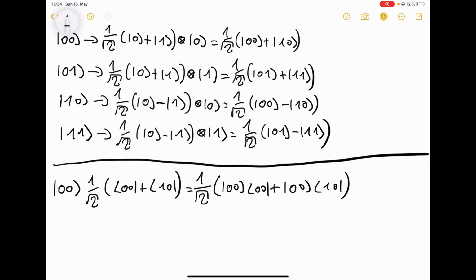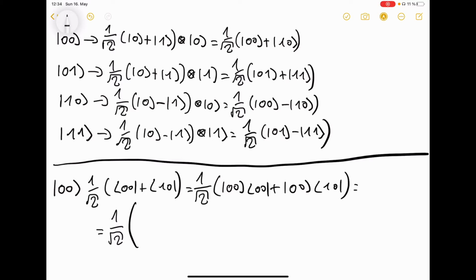So if we multiply that out to create the outer products in matrix form, let's also look at that. For this case, we end up with 1 over the square root of 2.